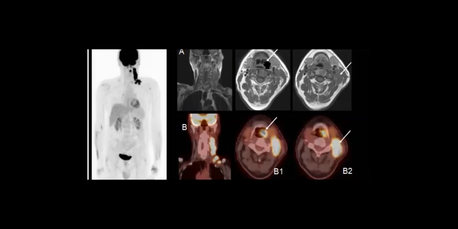So this patient, as you mentioned, has laryngeal cancer, a 60 years old male patient. The primary tumor, you can see here, this is the primary, and it sent lymphadenopathy with very high uptake in the left neck.